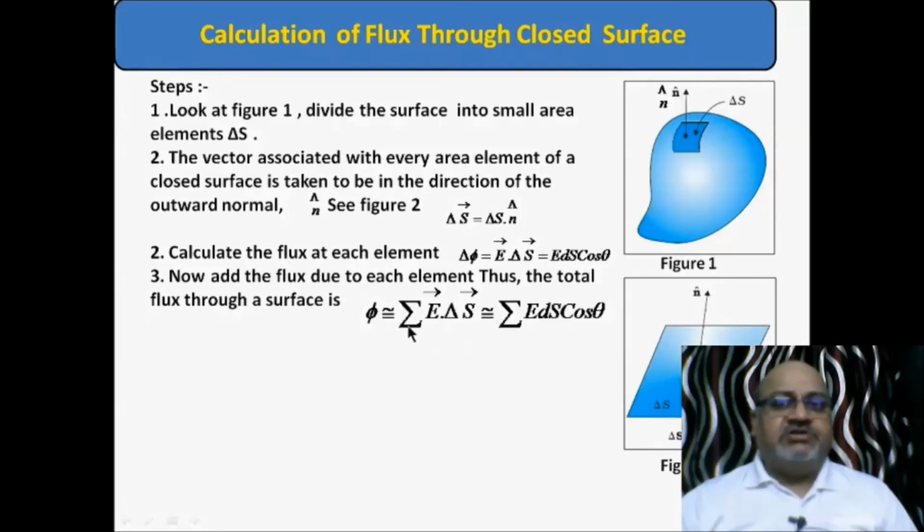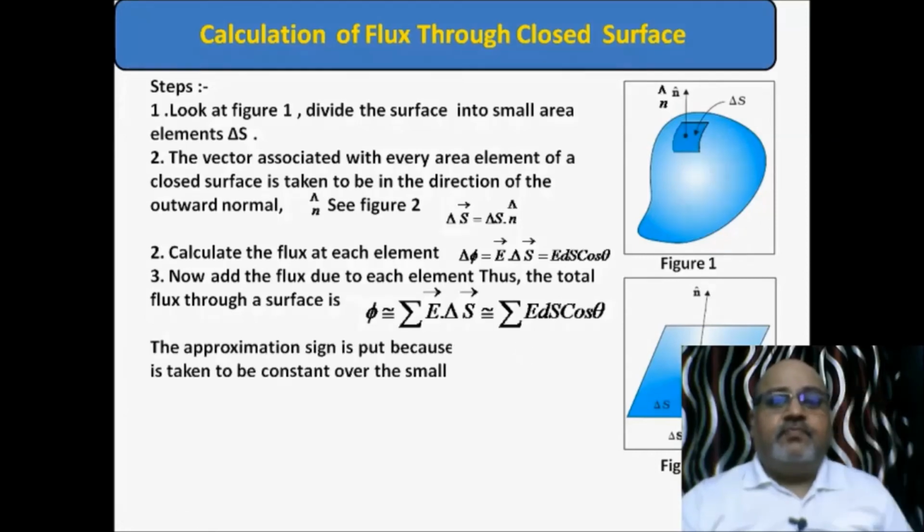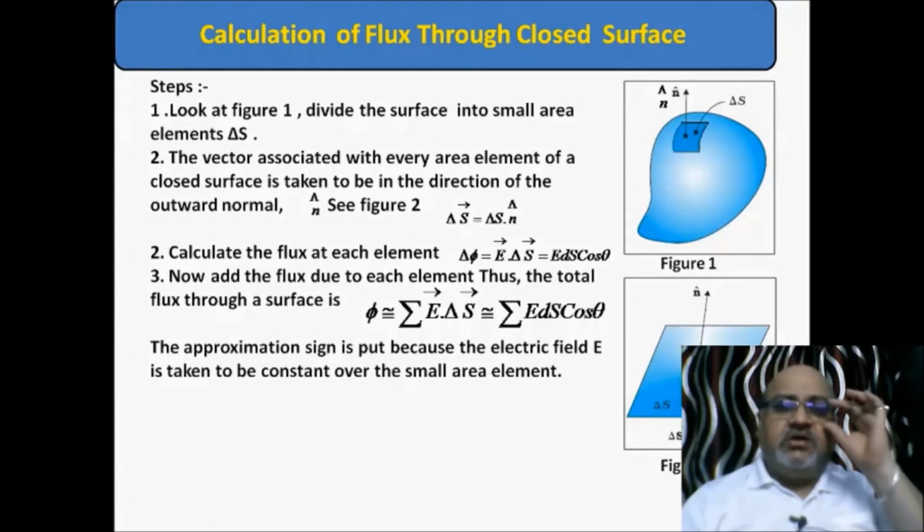Why is this approximately equal? Why is this approximate sign there? Because the electric field is taken to be constant over the small area element. We have taken E as constant for a small area element, but you know E is not constant in such cases. E is variable, but here we have taken E constant for all such elements.